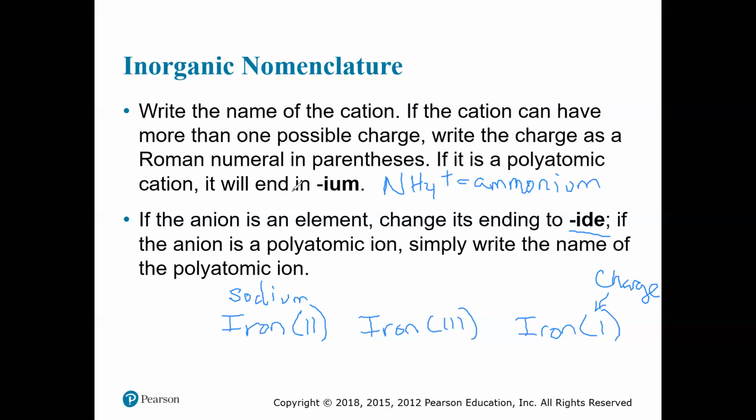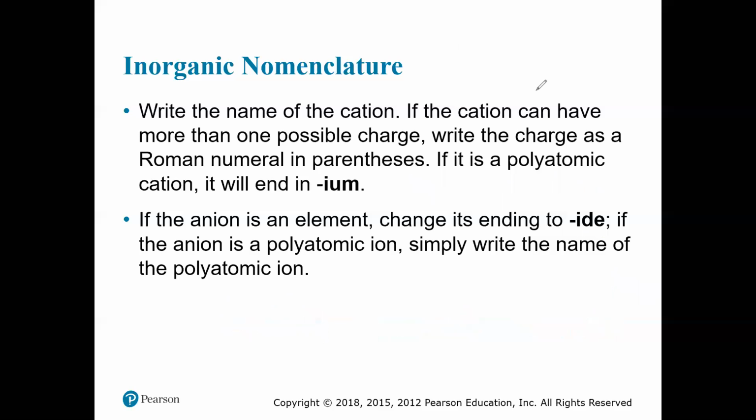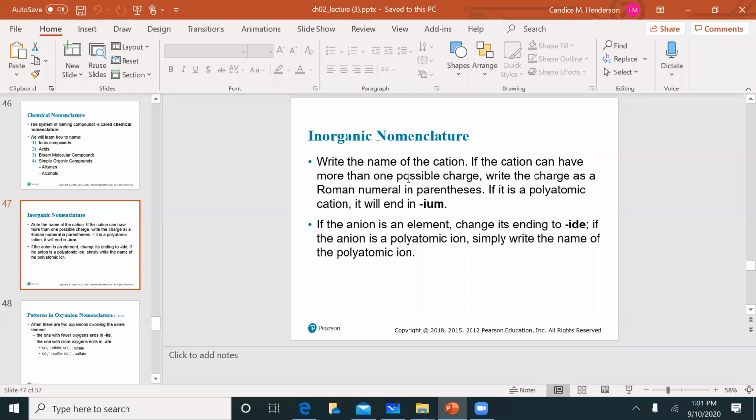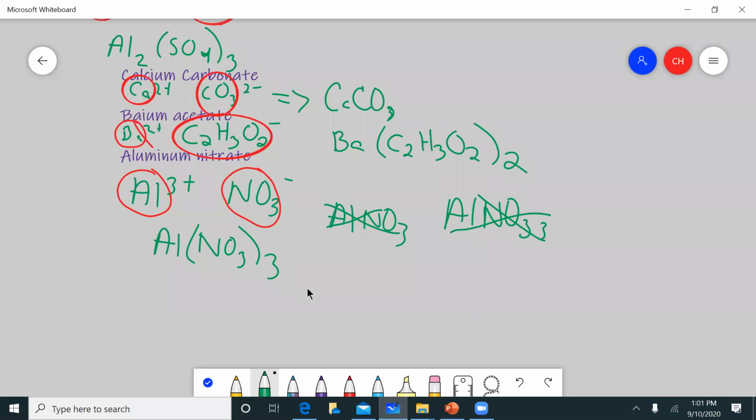So let's go back to our whiteboard and name those things that we are working on over here. So we'll leave the polyatomic ions for a second. We'll go back to those simpler ones.